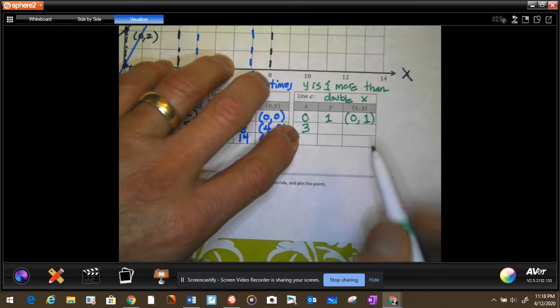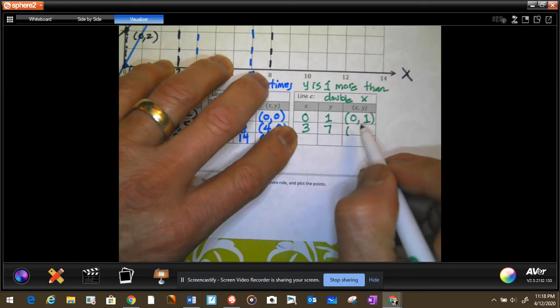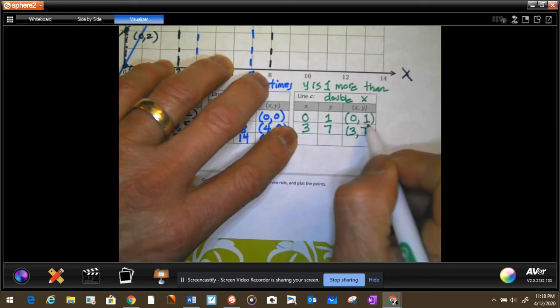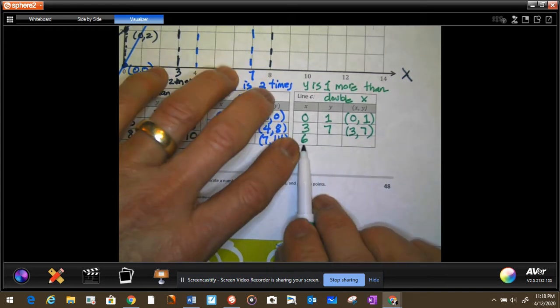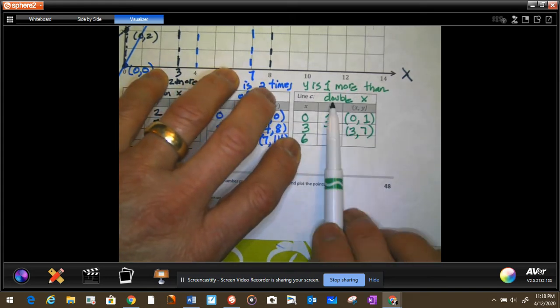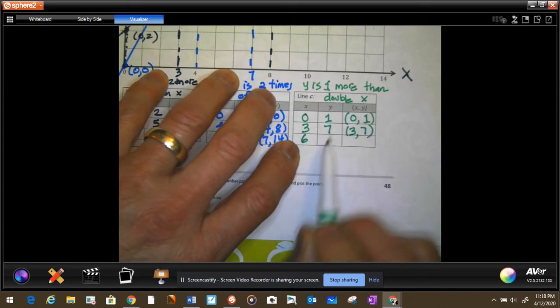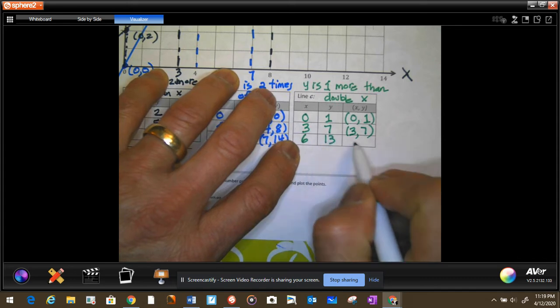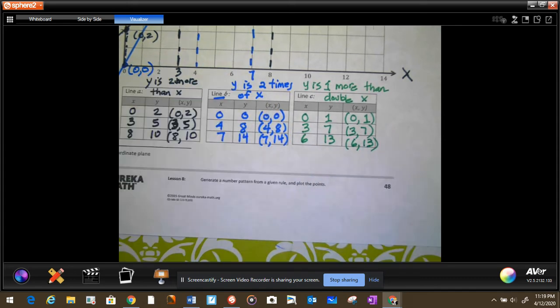Plus 1 will be 7. So the coordinate pair is 3, 7. Let's choose 6. Y is 1 more than double x, so double x will be 12. Plus 1 more will be 13. So that's the third pair of coordinates.